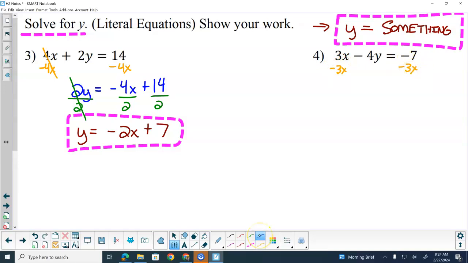What do we get? Because those go away, right? What's our next step? What's left on the left side? -4y. What's the right side? -7. Yep.